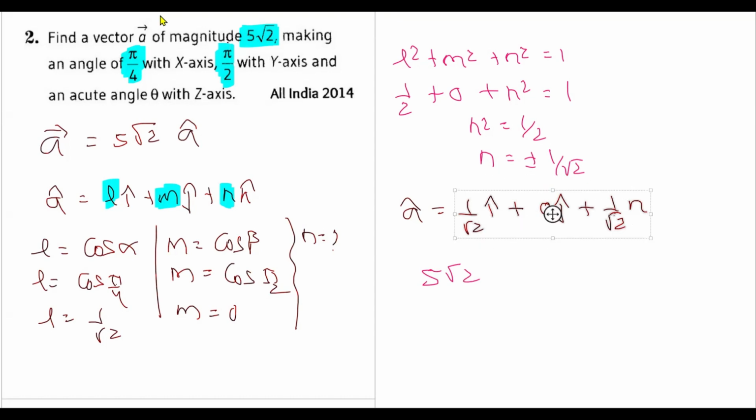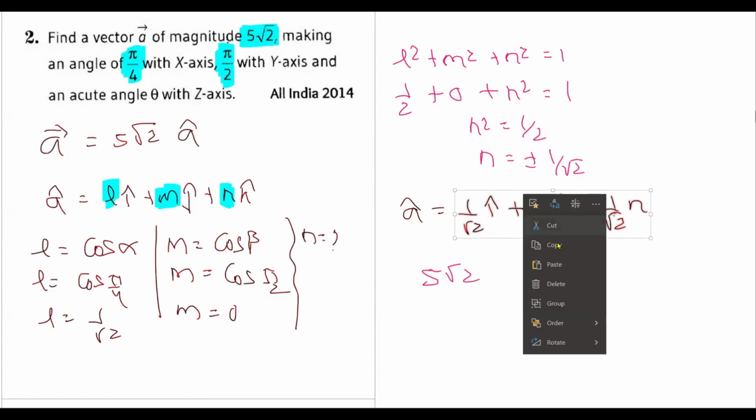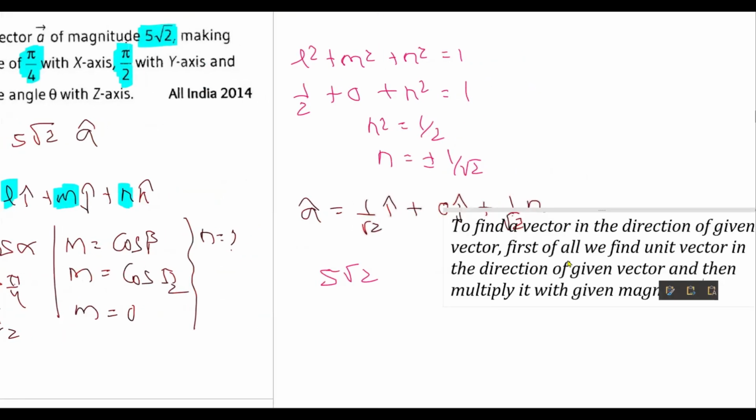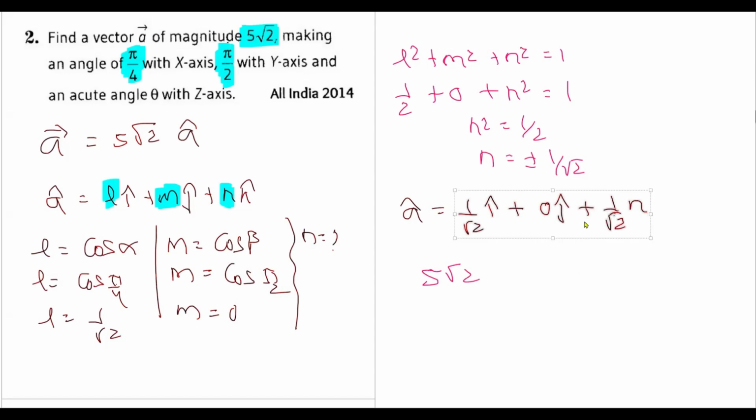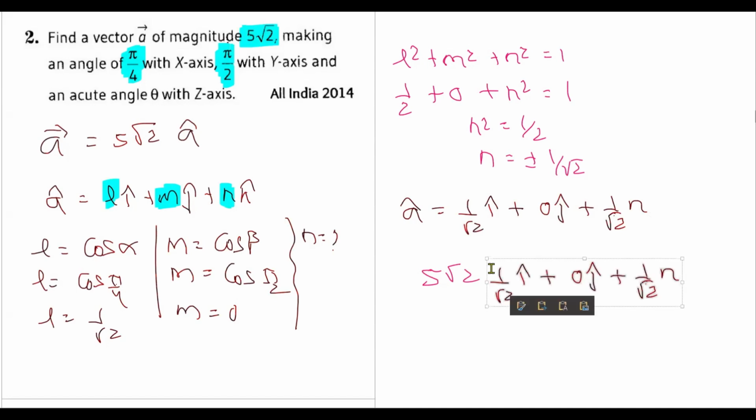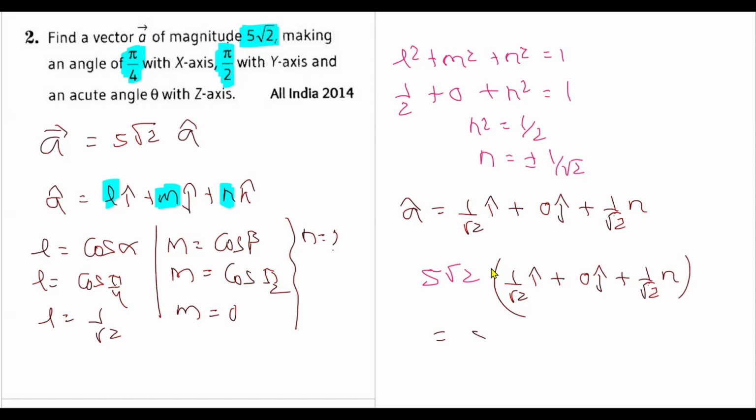As I discussed, in order to get a vector of magnitude 5 in this direction, we'll be multiplying this vector with 5 root 5. So if I do so here, what you'll get, this one multiplying here, the root 2 gets cancelled, so it's 5i, as 0 multiplied by any number is 0 only, and then it should again give you 5.